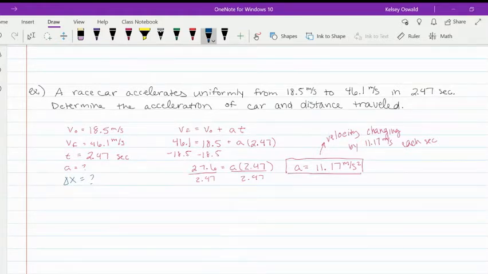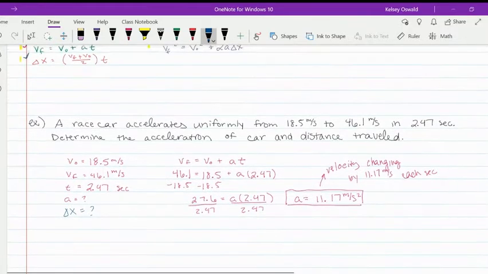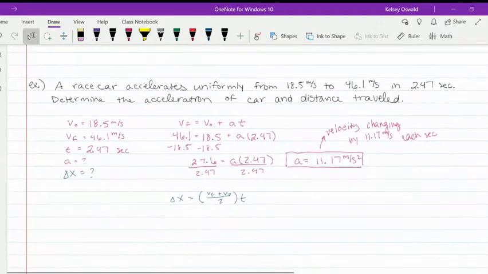In that equation, my displacement is equal to final velocity plus initial velocity over 2 times time. I wanted to pick this equation because I'm trying to find my displacement.